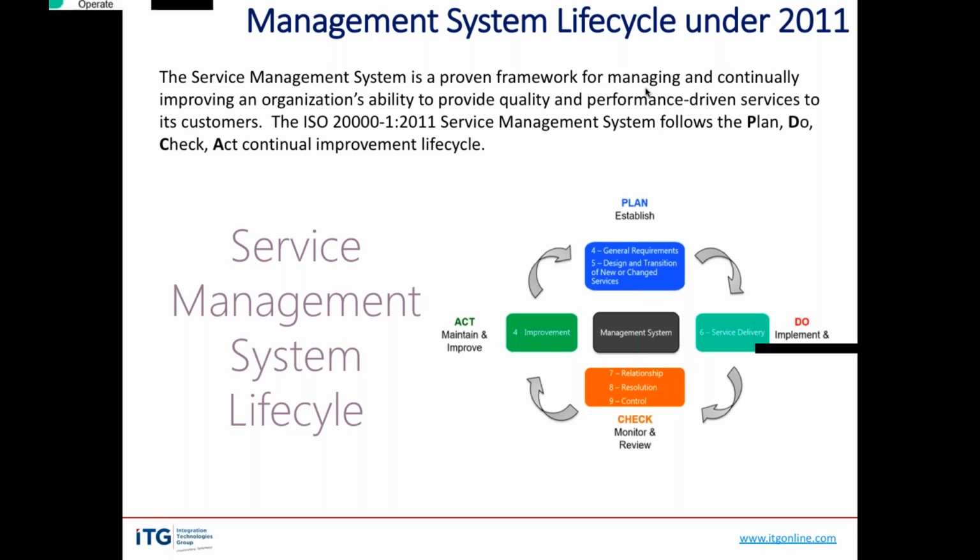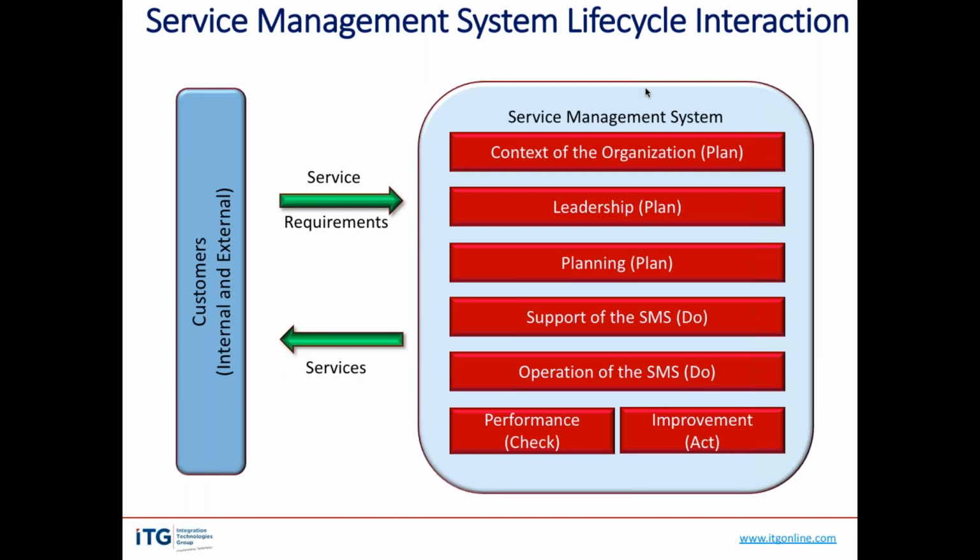So the plan, do, check, act has not gone away, but this is how it looks in the new life cycle under the new standard. So clause 4, the context of organization, and leadership and planning is where you're doing all your planning activity, right? Support to the SMS, which is clause 7, is where we're doing.